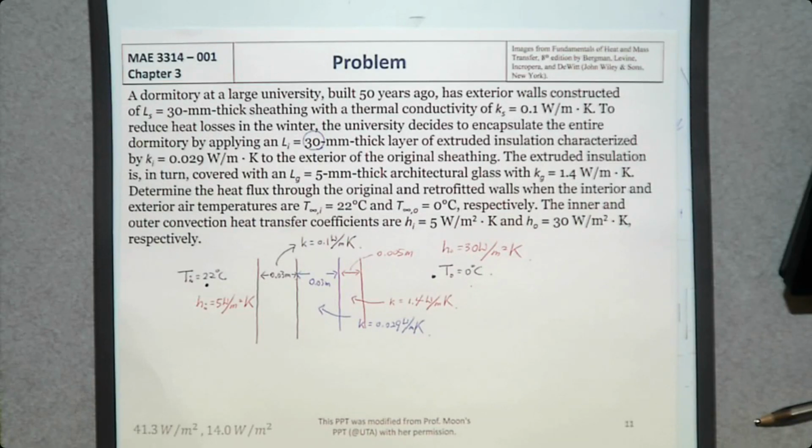Think about it this way. What is the difference between free convection and forced convection? Free convection means that there's no fluid movement by an external force, and forced convection means that there is a force driving the flow.